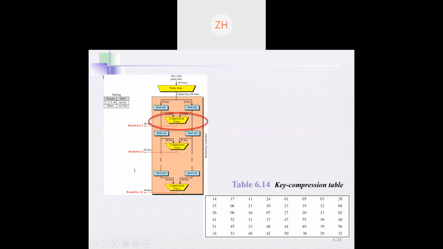How many bits depends on this table. Then you compress again using this table, and so on, until you finish round 16. This is how we do it for the DES algorithm.